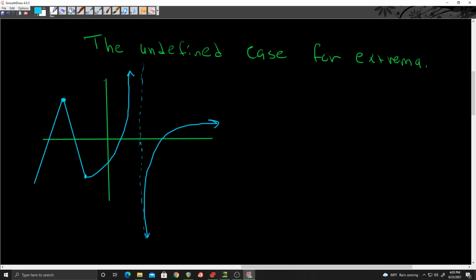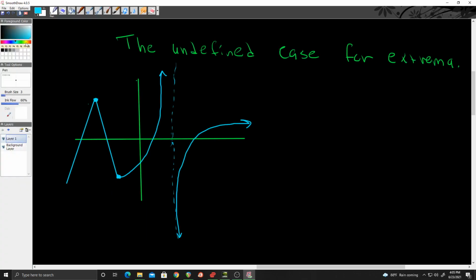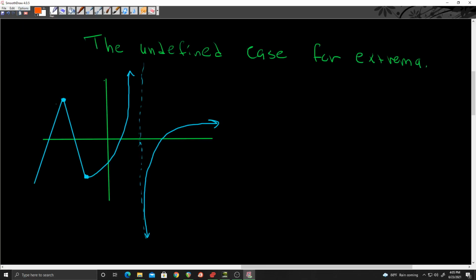Last time we did numbers, let's do letters this time, because you could very easily be asked a question in terms of letters. Let's say this is x equal a. Let's say this is x equal b. Let's say the asymptote location here is x equals c. And we'll keep it like that for now.